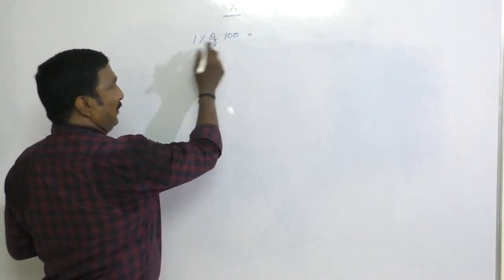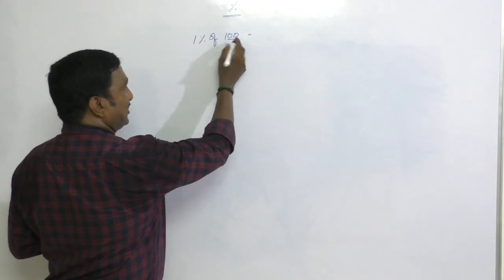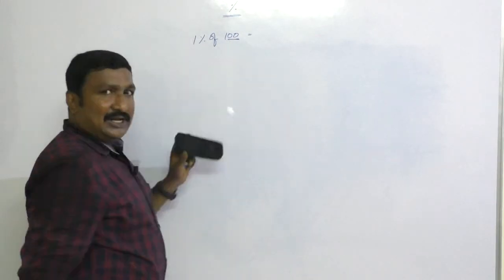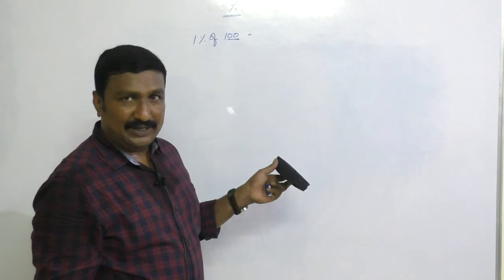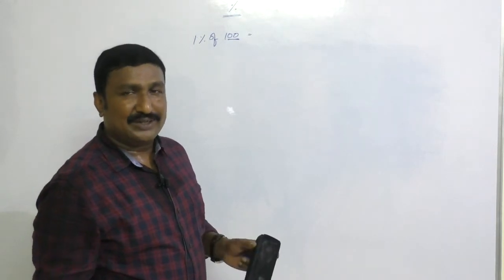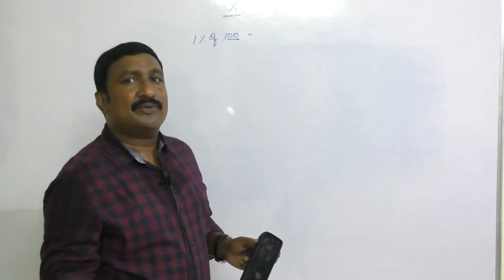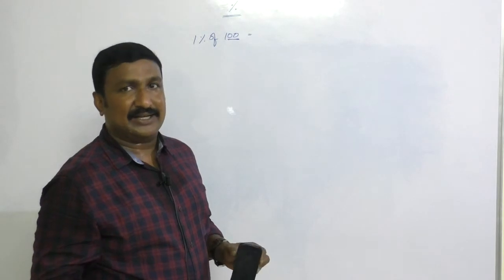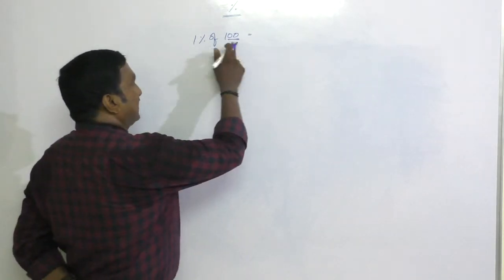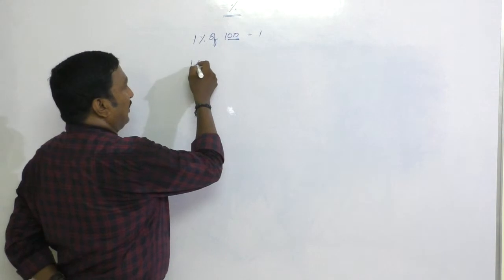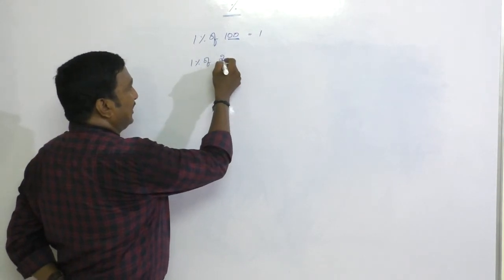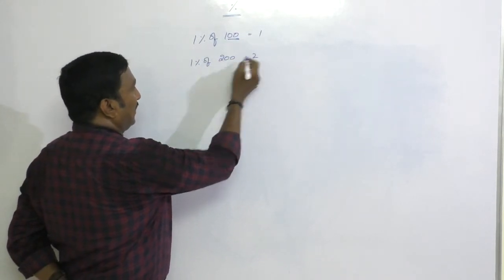Always remember, 1% means last two places we have to eliminate. If the last two places are 0, we can eliminate. If the last two places are not 0, then take the decimal place after two places from the right hand side. Okay, so 1% of 100 is equal to 1. 1% of 200 is equal to 2.